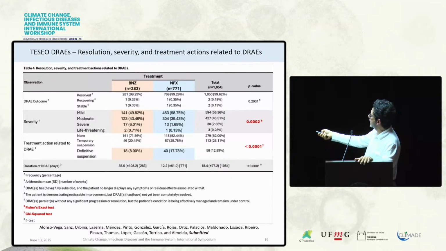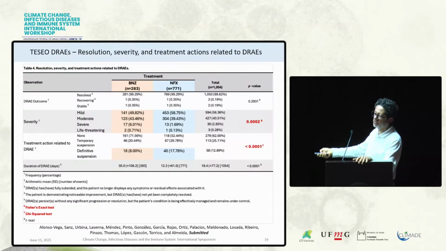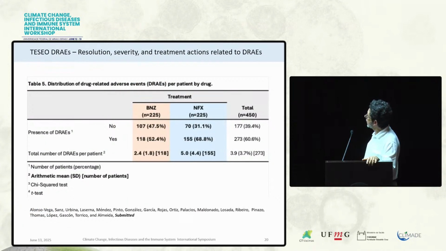So basically everything had a huge p-value, and also for those adverse events that led to permanent interruption, we can see that they had about 50% less than the nifurtimox treatment. This is the distribution of drug-related adverse events. You can see that we have many more adverse events in the nifurtimox group in comparison to the benznidazole.